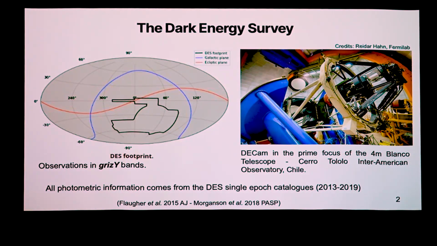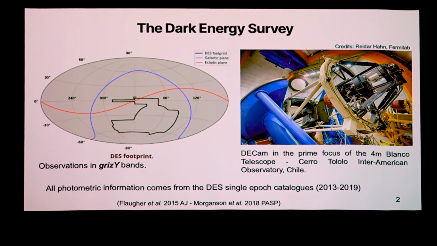All our photometric information comes from the DES single-epoch catalogs that comprise observations ranging from 2013 to 2019. As you all know, DES was not meant for solar system studies, but as Pedro pointed out, CCDs are very inclusive, so we have solar system objects all around.